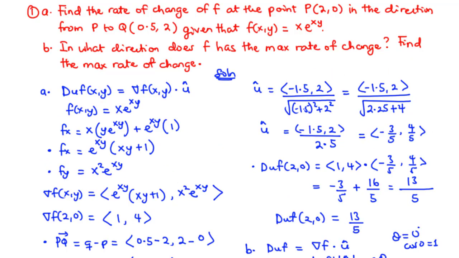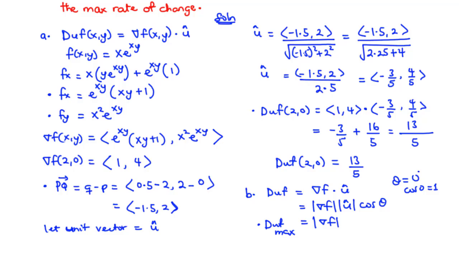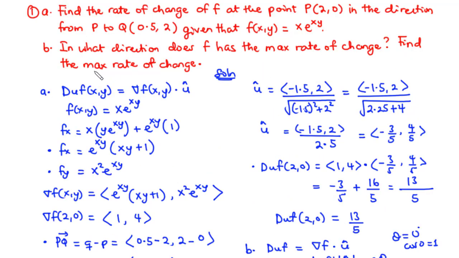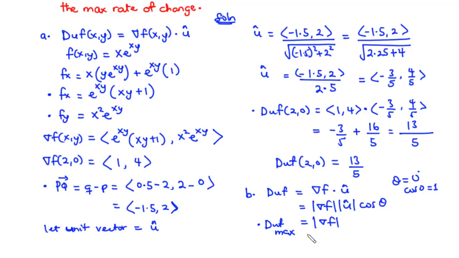Now, we are asked in what direction does f have the maximum rate of change? f experiences the maximum rate of change if f is in the direction of the gradient vector, or better still, if the unit vector has the same direction as the gradient vector. And then the maximum rate of change is given by this formula. Therefore, the maximum rate of change, which is the maximum value of the directional derivative, is equal to the magnitude of the gradient vector. So let's find that.